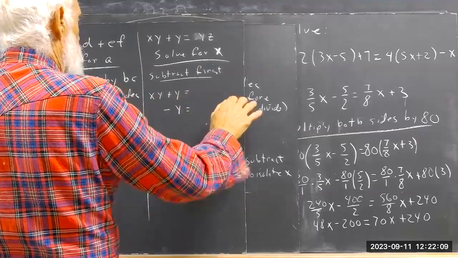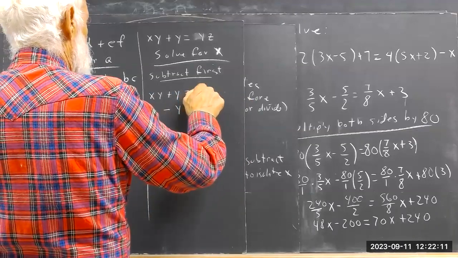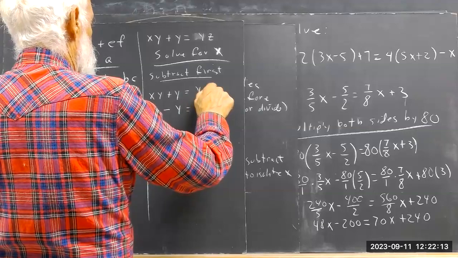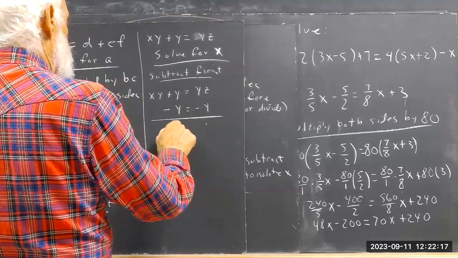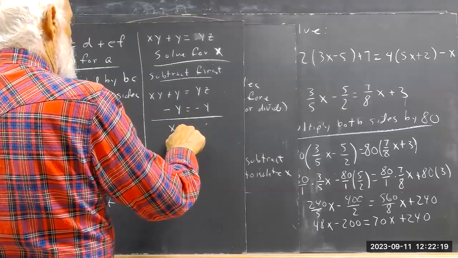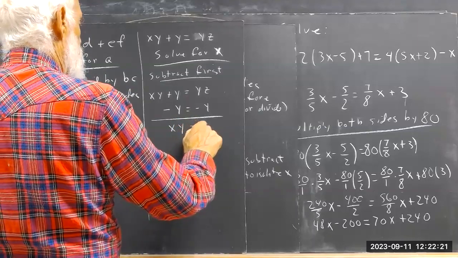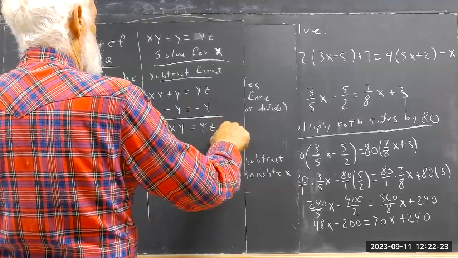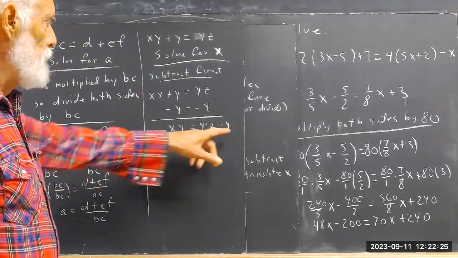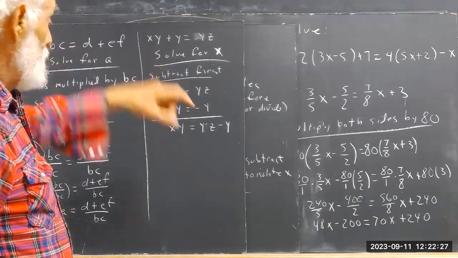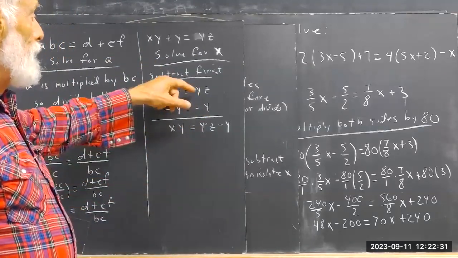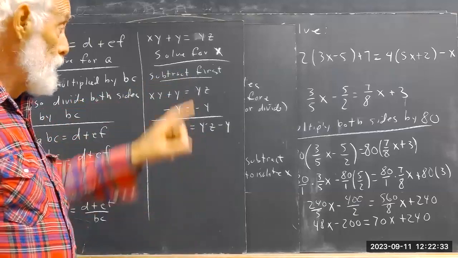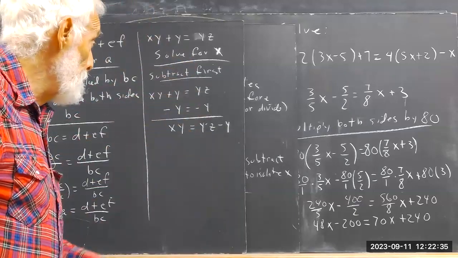I prefer it linear because it kind of leads to fewer mistakes. Okay, XY equals YZ minus Y. There's a tendency to treat this as a division. It's not a division. This is an addition. So it's YZ plus negative Y.